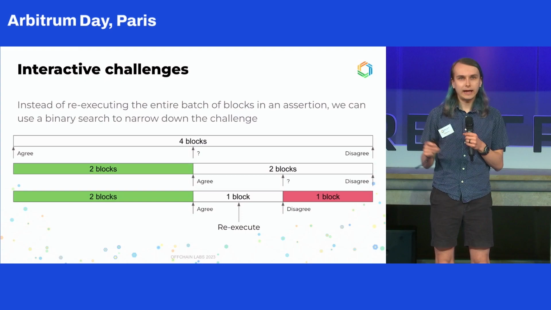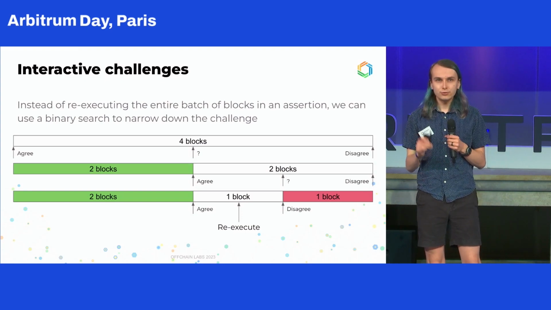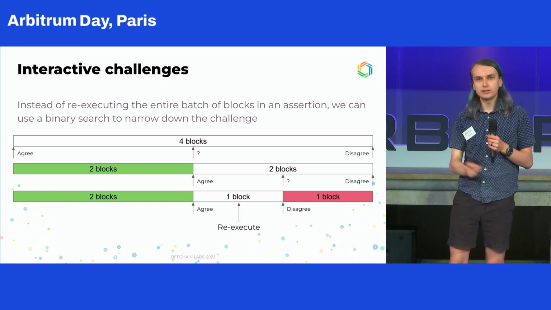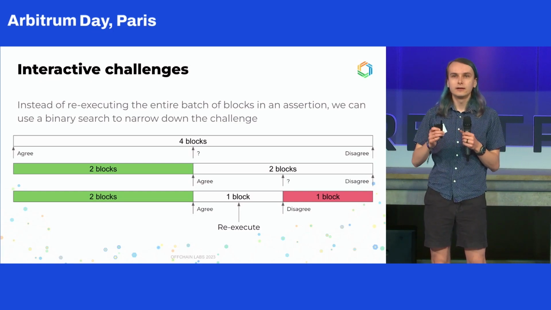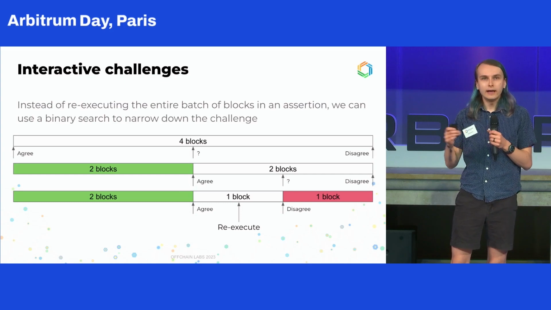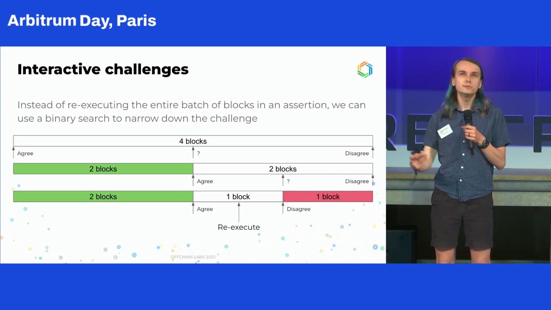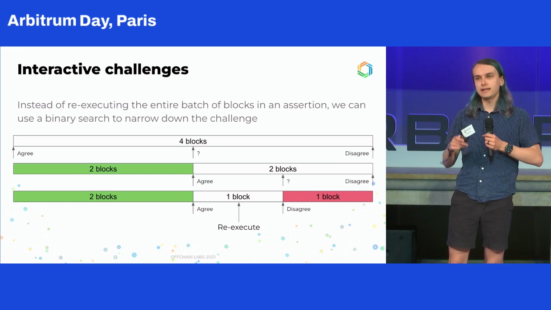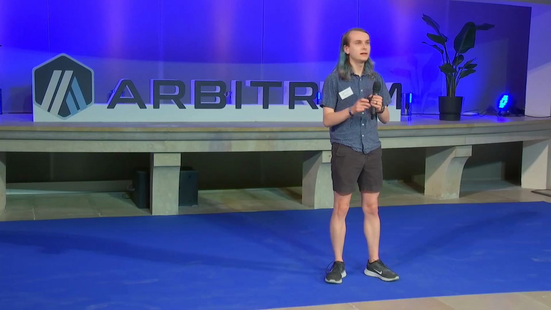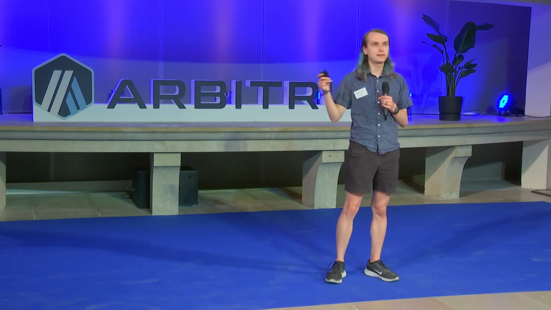And that means that every honest validator, if you want to have that one-of-n trust assumption, that trust assumption that only one honest validator is necessary to force the chain in the right direction, every honest validator needs to make their own challenge because they can't trust that other validators will make the same correct moves unless they also inherently trust that those other validators are honest, which is something we don't want. We want each validator to independently guarantee the security of the chain.